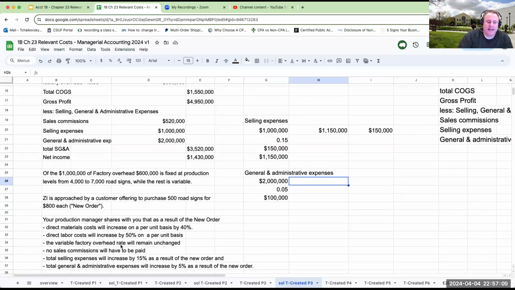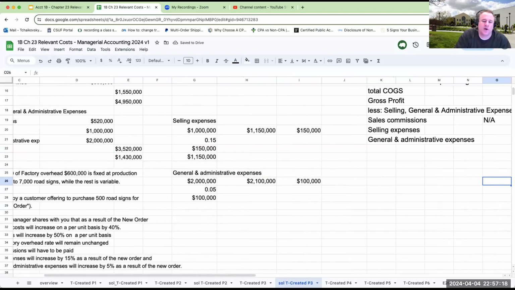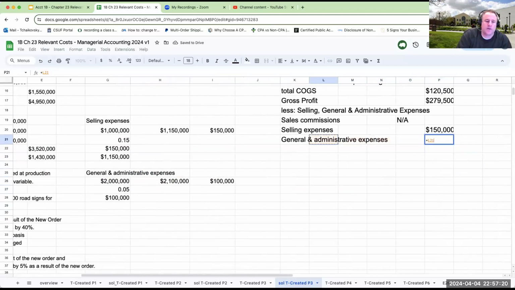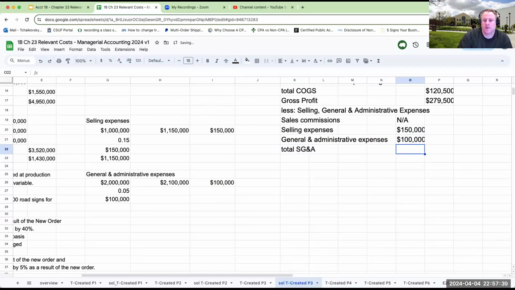Therefore, if I accept the additional business, it's going to go from 2 million to 2.1 million, or an additional cost of $100,000. So my total SG&A is going to be 250,000.